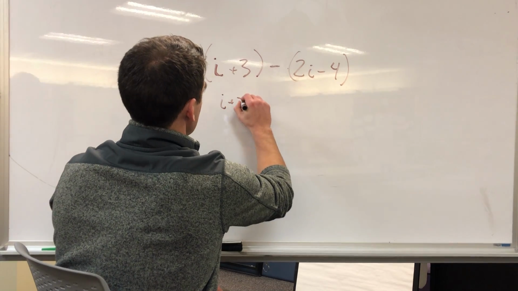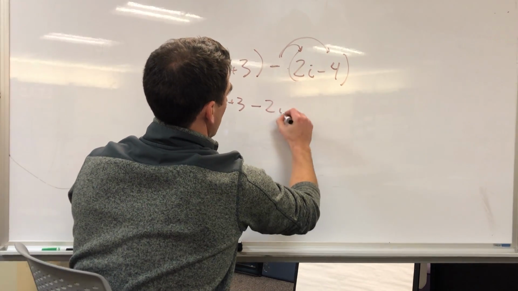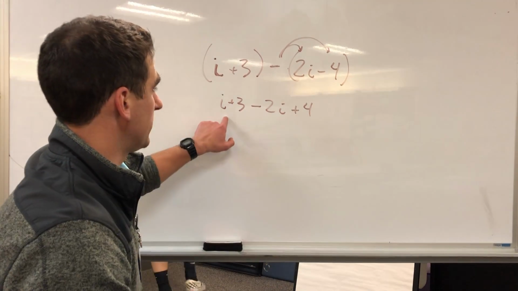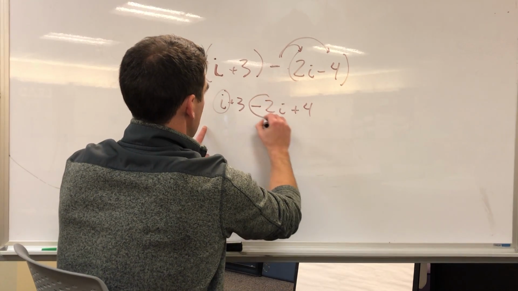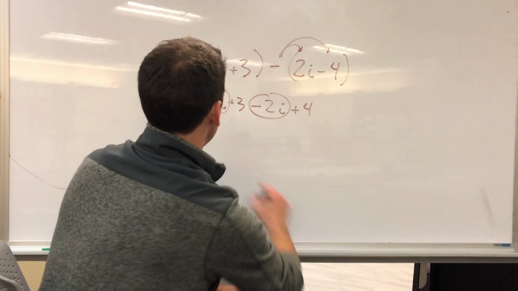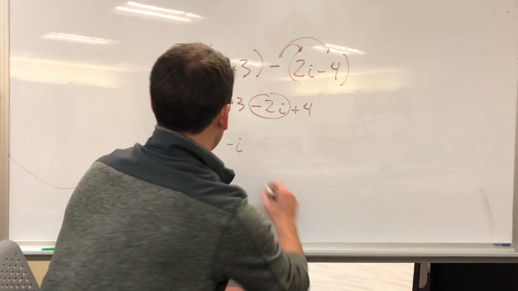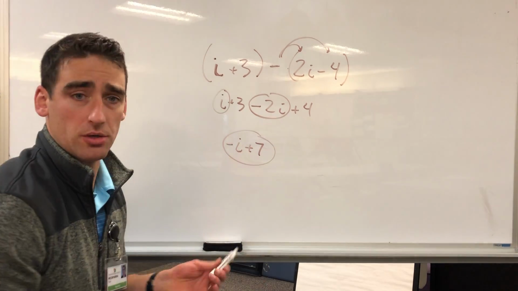So we have i plus 3, distribute the negative, minus 2i plus 4, okay? Now I'm just gonna combine like terms. So i minus 2i is gonna make negative i, 3 plus 4 is 7. So that's how we do that one, okay?